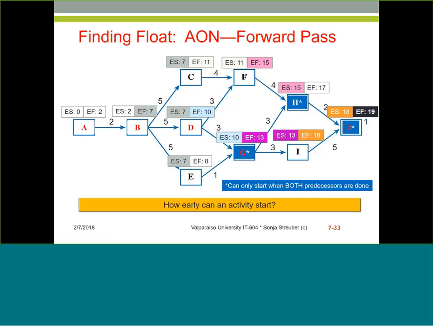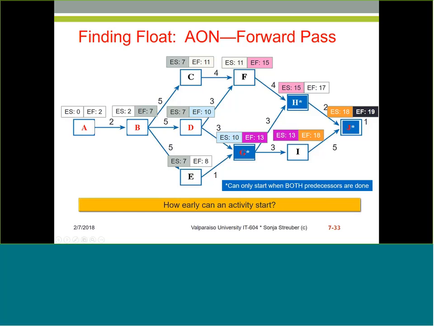If it is the finish to start relationship, which as we noted before is the most common relationship, then this task specifically can only start when both tasks that come before it are finished. So let's walk through this. We know that B finishes at 7, so D can start on 7, and because D is 3 days long, the earliest finish is 10.